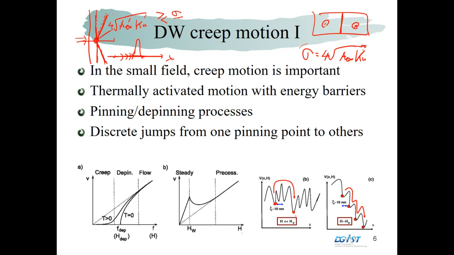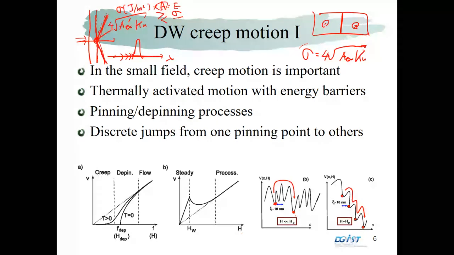So that means the total energy is increased, because the domain wall energy is a surface energy per area. If we multiply by the area, we obtain the energy. So if you increase the domain wall length, the area is increased, so the total energy is increased.